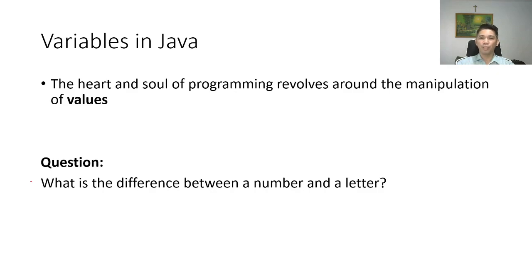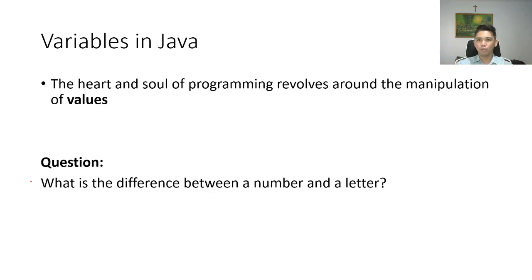So what I'm trying to point out here is different values have classifications. We cannot just make use of a value, put it into a variable, and we have no idea what we just placed inside a variable.